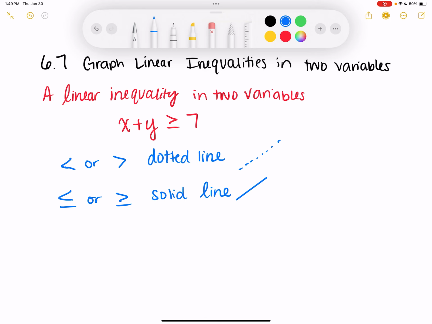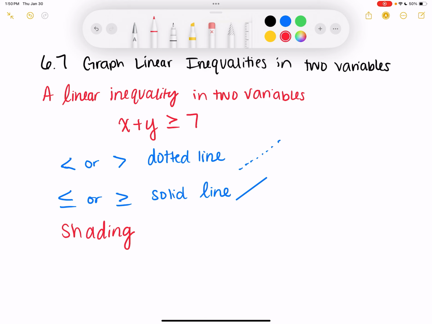The other thing with the graphs of them is that we have shading. When we do these, you may want a highlighter, or a pencil, or a colored pencil to shade with. We shade in the direction of what makes the statement true.